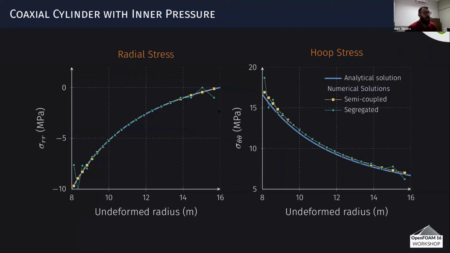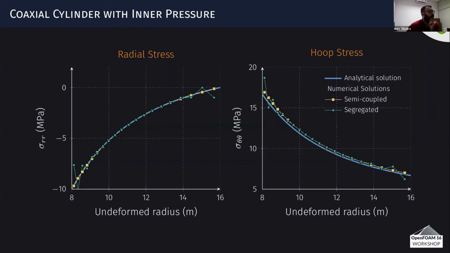We compared our semi-coupled strategy and the classical segregated one also implemented in solids4foam, and we see they both agree quite well with the analytical solution. But the semi-coupled one does not present the oscillations that the segregated solution exhibits, which we only manage to eliminate by refining the mesh.